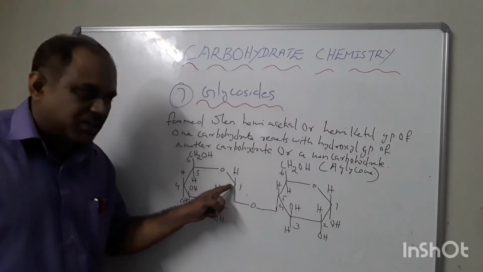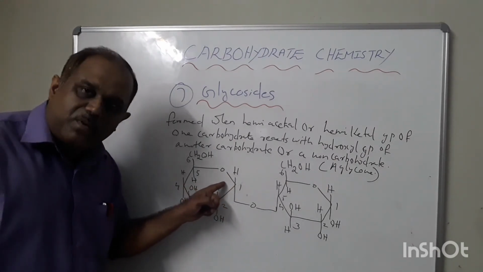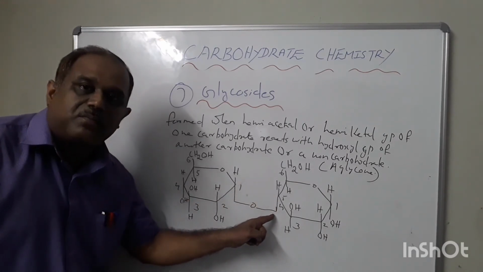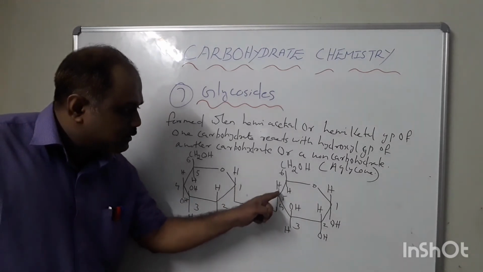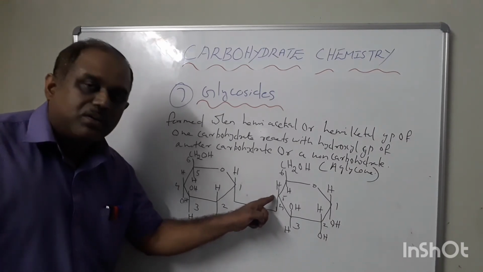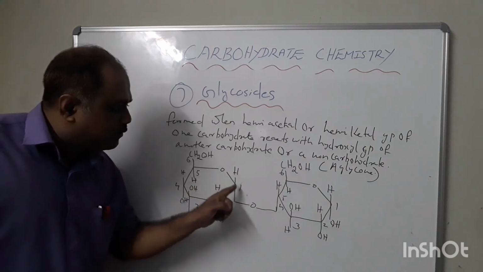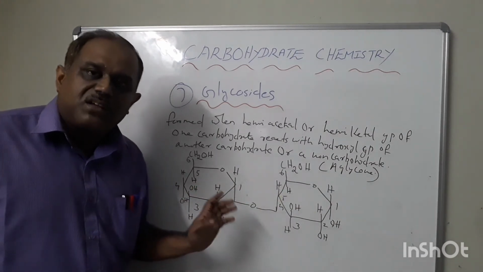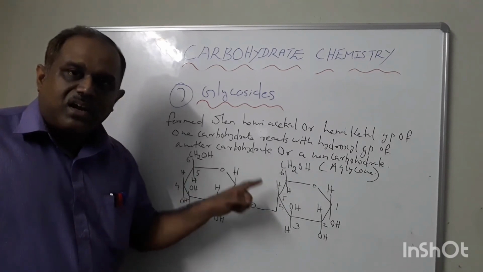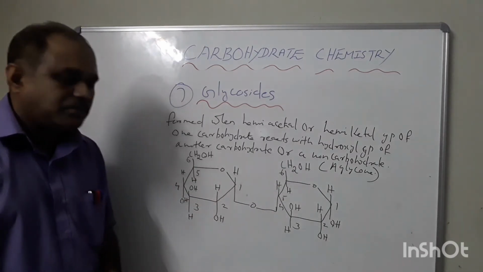See, this is hemiacetal. The hemiacetal group of one carbohydrate reacts with the hydroxyl group of another carbohydrate, the fourth carbon. So we call it alpha D glucosyl 1,4 alpha D glucose. This is nothing but the structure of maltose, just to show how a glycosidic bond is formed.